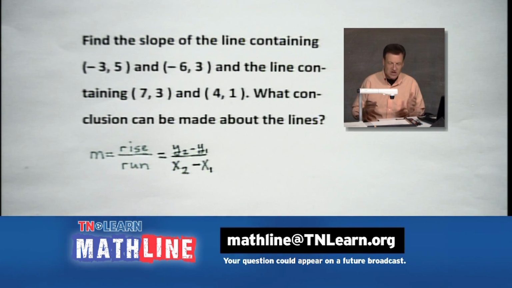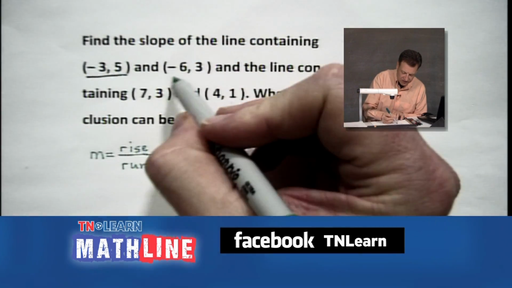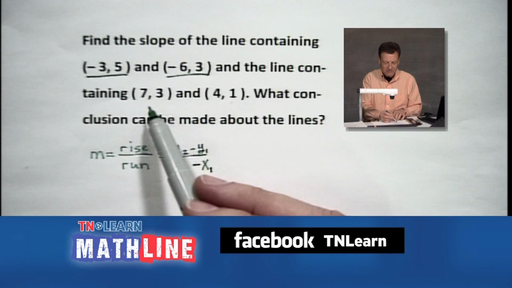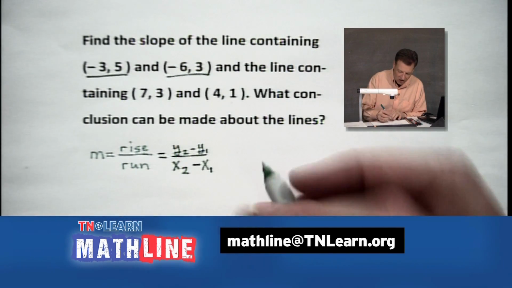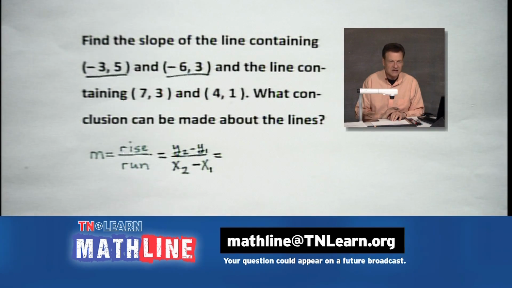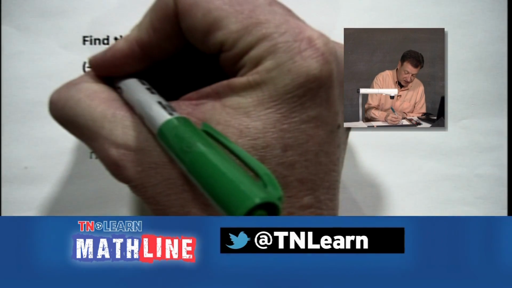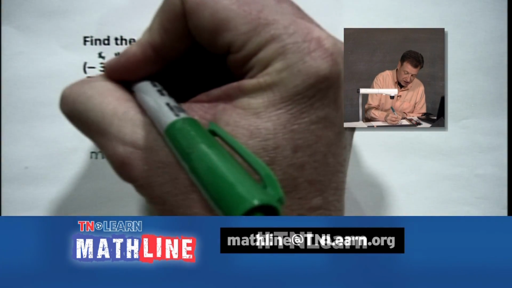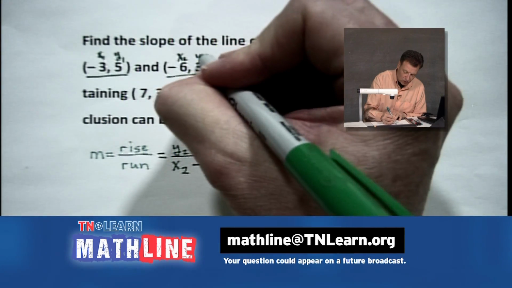We've got the numbers. Now it's substitution time. Now we're just going to work with these two right here. Save your thoughts, because we're going to do the same thing with (7, 3) and (4, 1) in just a second. First things first, let's take a look. You say, how are we going to figure all that out, Ernie? How about this? We'll let this be x1, y1, and we'll let this be x2, y2.